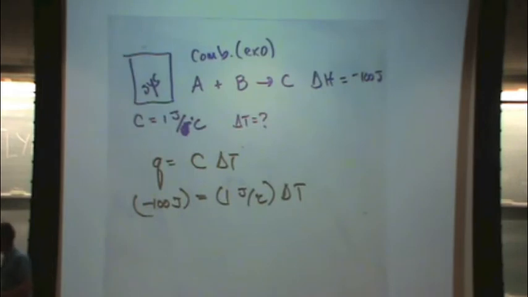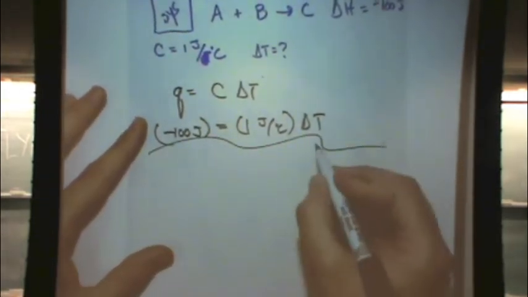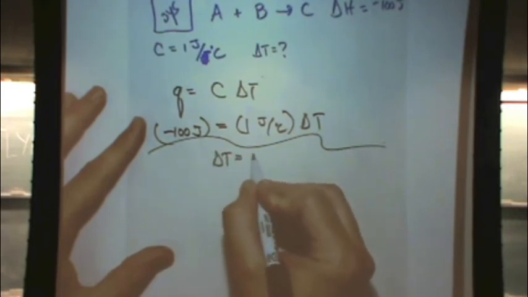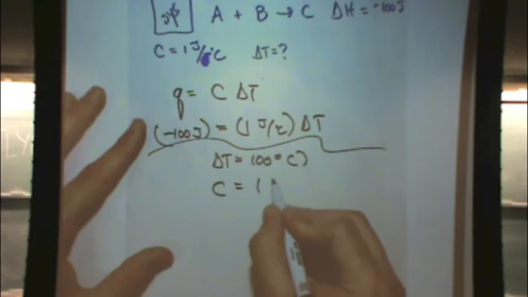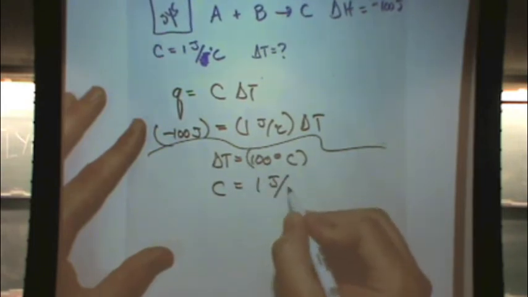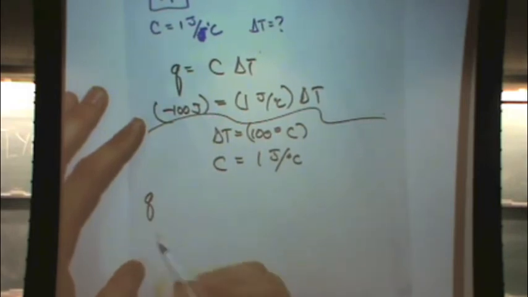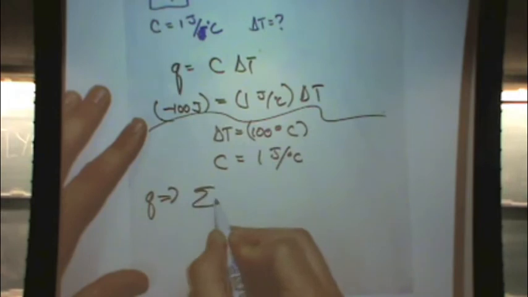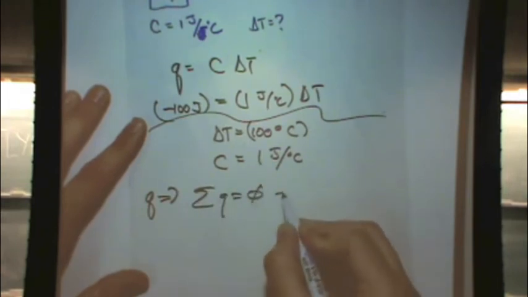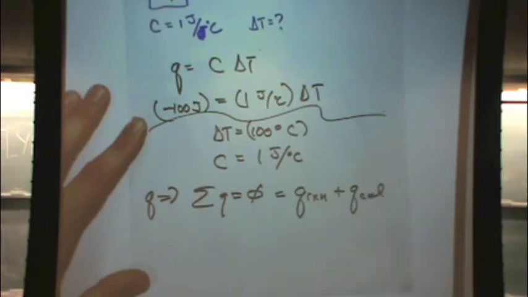If you had that sort of problem, let's say, for example, we gave you delta T is 100, okay? And we gave you C is 1 joule per degree C. And we wanted Q. The way I would write it out if we were going the opposite way would be this. Well, the sum of the Q's equals 0, and that's the Q of the reaction plus the Q of the calorimeter.